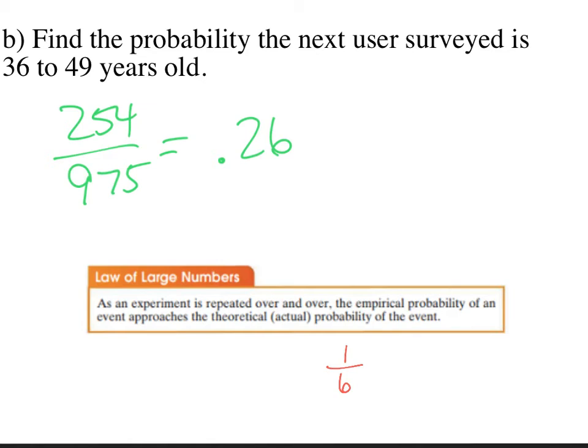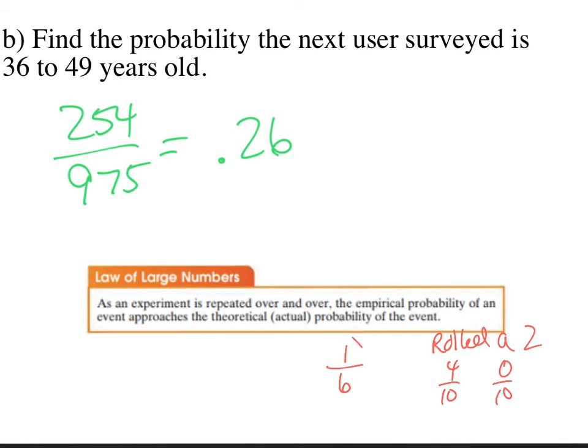If you only tried that experiment 10 times, the experimental probability that you rolled a 2 might actually be 4 out of 10 were 2s, or it could be 0 out of 10 were 2s.